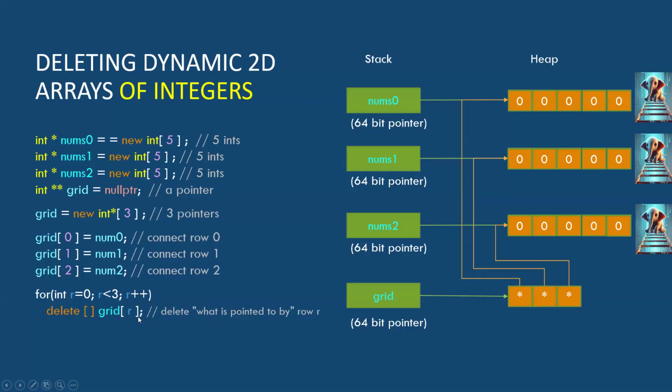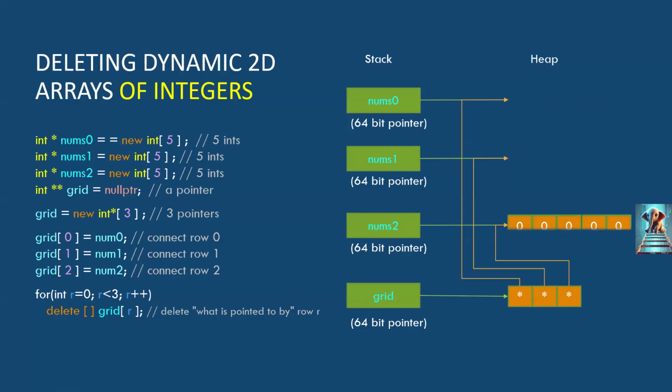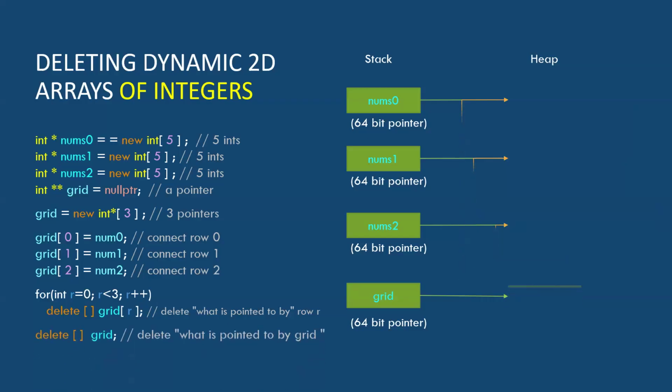So delete square bracket grid R as R goes from 0, 1, and 2. So we get rid of that, we get rid of that, we get rid of that. And then the moral of the story is you get rid of that, in reverse order. Now notice, of course, that's not inside the loop, but it does have the square brackets, because we create it with the square brackets up here.